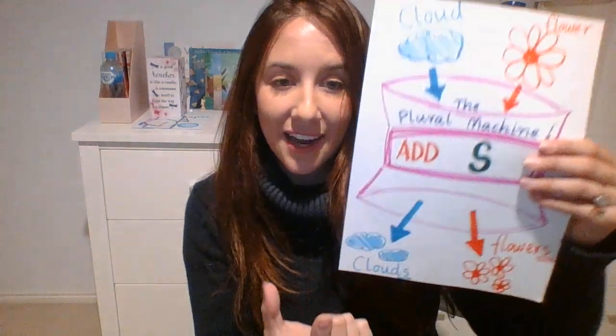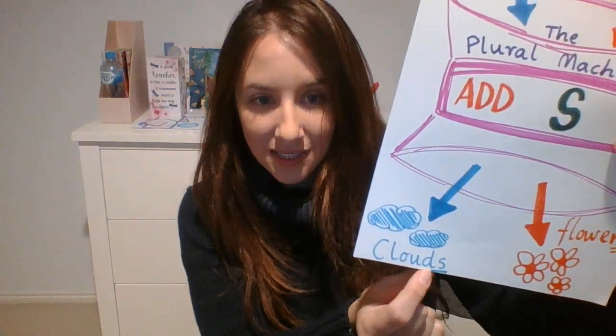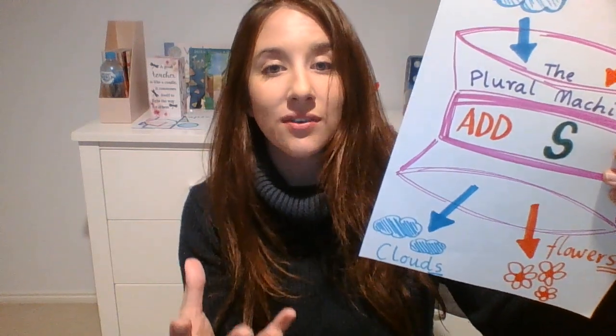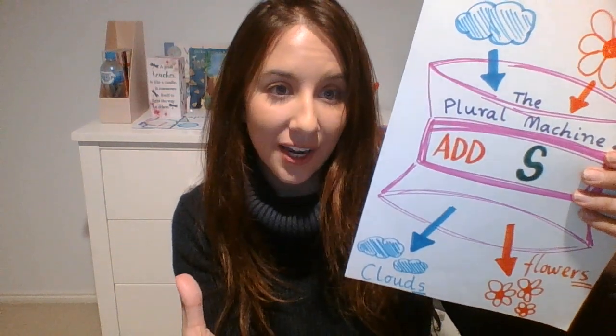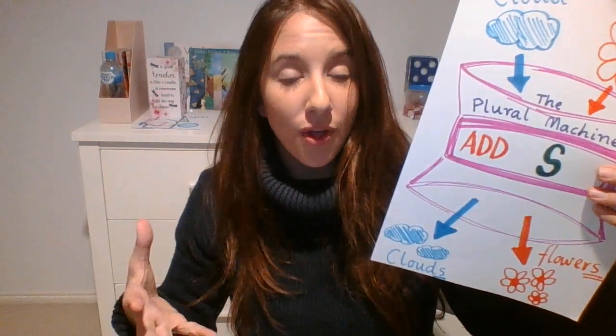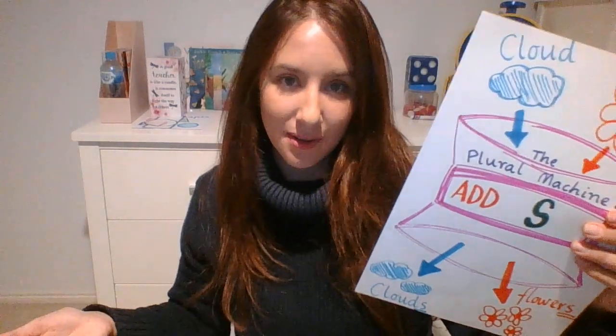So here I just have one cloud. It goes into the plural machine, and we add an S to the word. And now the word is clouds, okay? Now the word is plural because there is more than one, okay? So there are two, okay? So if it's plural, there would be two or more of something.